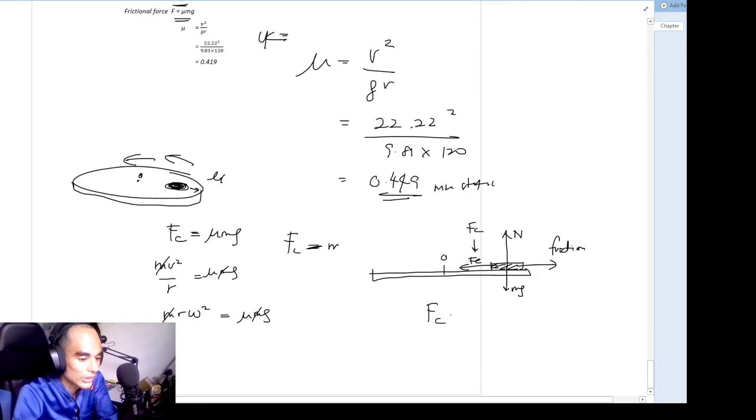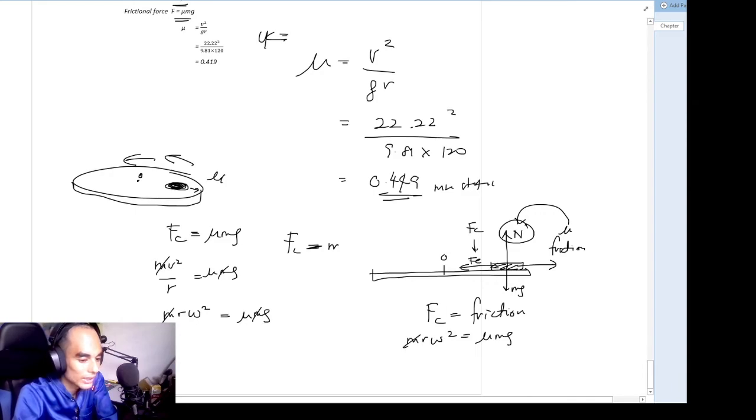Fc equals friction. It doesn't have any minus. So friction is mu mg. There you have the value of the friction. Fc is mv squared over r or m r omega squared.